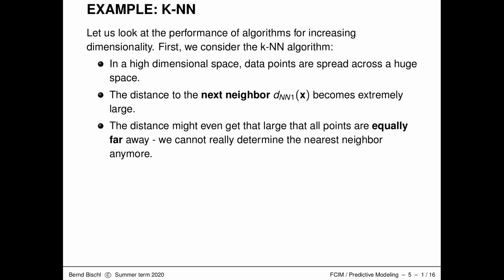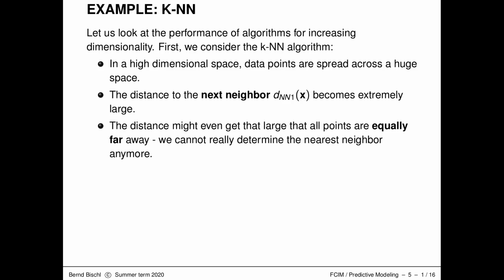And I already claimed there that because of this, distances between points become more and more equal, and because of this, it becomes much harder to directly determine the nearest neighbor anymore, because these feature measurements that our distances are based on are not going to be completely exact, right?